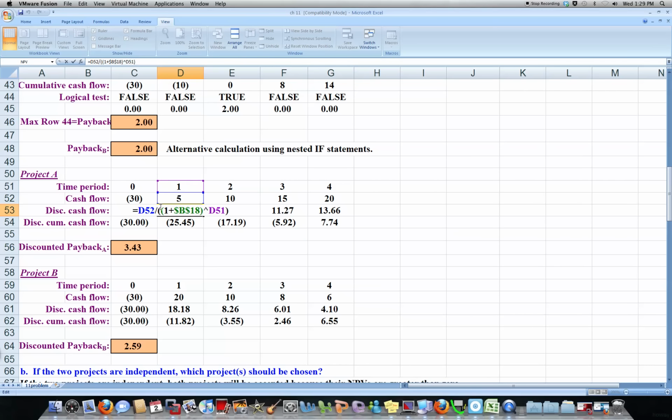That gives us the discounted cash flow at 1 year.